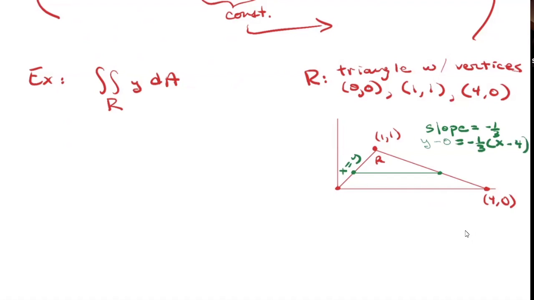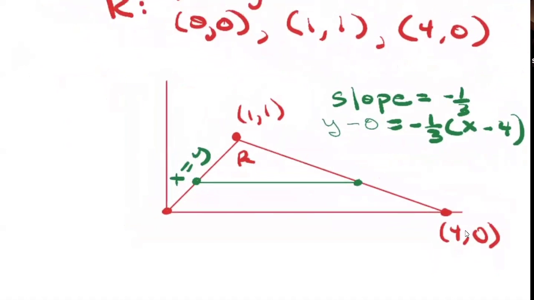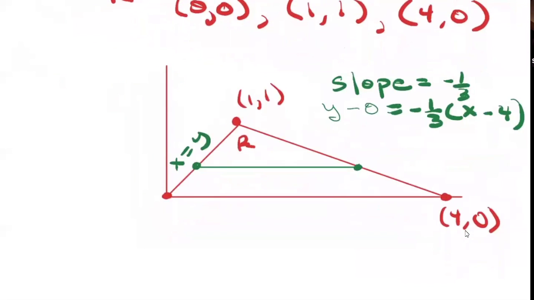I'm actually solving for x here. So I'd have -3y is x minus 4. So x is -3y plus 4 on the right.